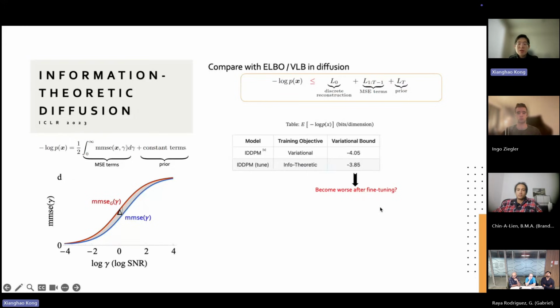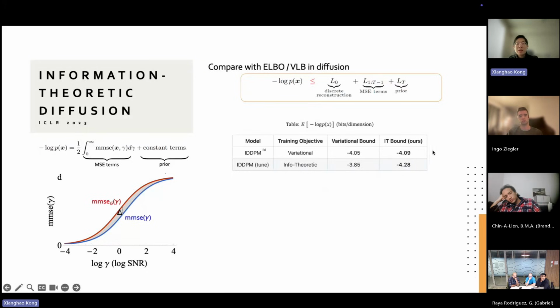So it becomes worse after fine-tuning. So we use our IT bound to calculate the NLL value because we know we can calculate the NLL more accurately, as its analytic solution is exactly equal, but the VLB just gives an approximation. So it's very hard to tell whether it gives an accurate number or not. So we use our IT bound to calculate these two NLL values for the two models.